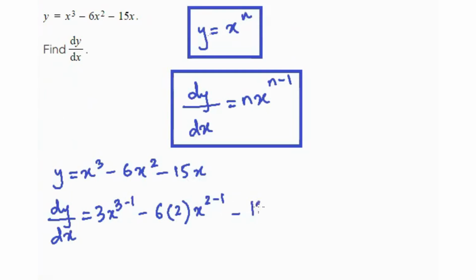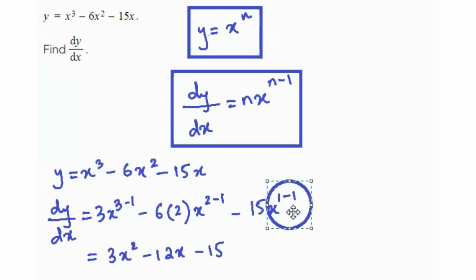And for 15x, I'll subtract 1 from the power again. So that leaves us with 3x squared minus 12x minus 15. Why minus 15? Because x to the power of 1 minus 1 is x to the power of 0.